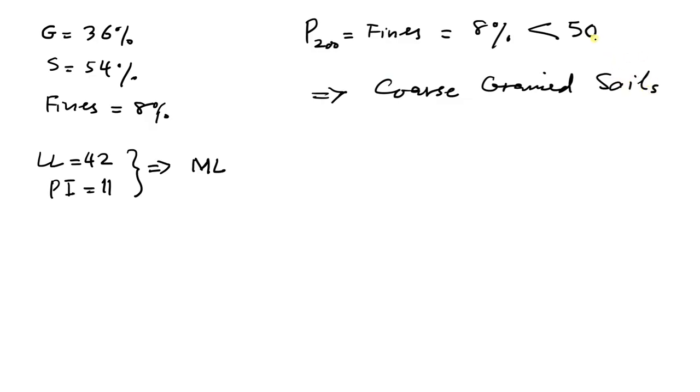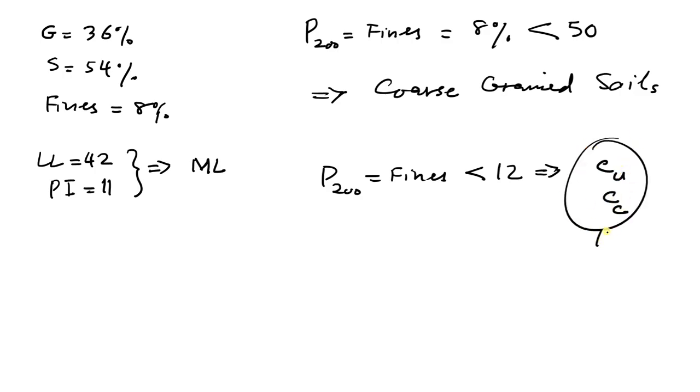Now one more thing that you should keep in mind: whenever passing 200, or fines, are less than 12%, we are going to need Cu and Cc. So Cu and Cc are required.